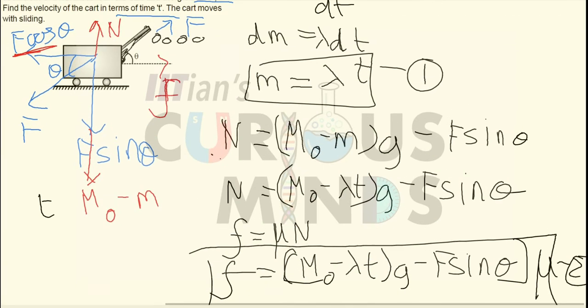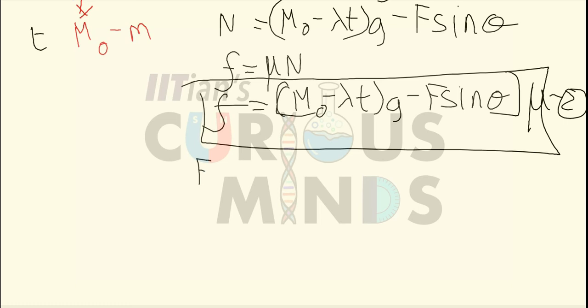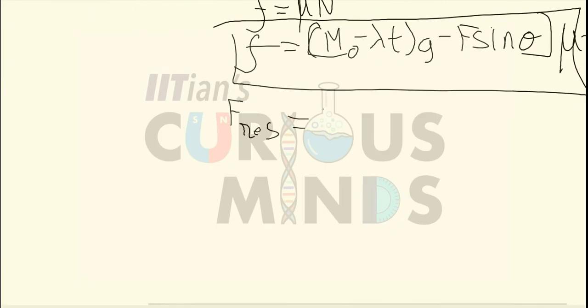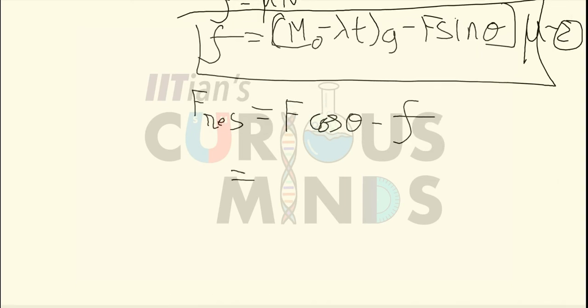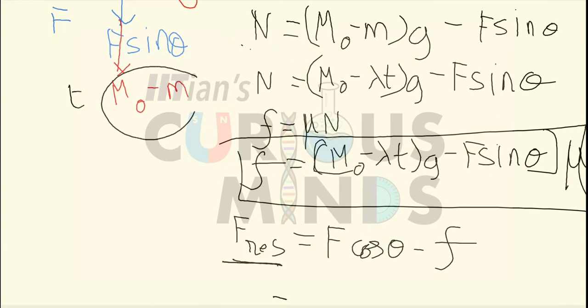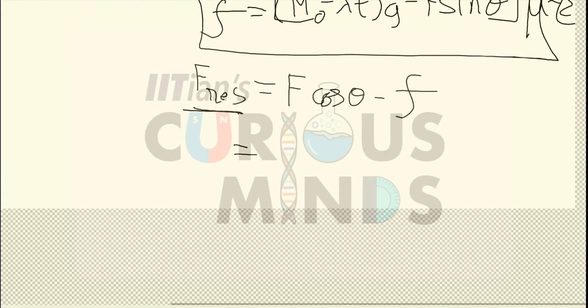Now the cart is going in the left hand side direction and the friction force is acting in the right hand side direction. The resultant force will be the force pushing it to the left, which is F cos theta, minus the frictional force acting to the right. First of all, it is acting on the mass m naught minus m, not just on m naught.